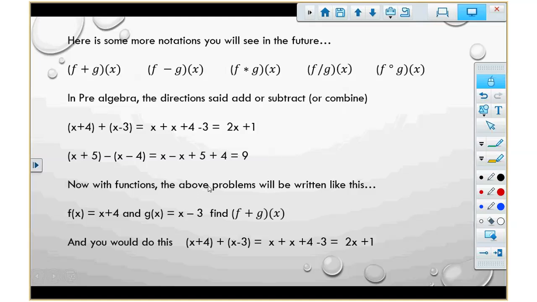Now, you're not supposed to do the redneck way. You're supposed to do f of x is equal to x plus 4 and g of x is equal to x minus 3. Find f plus g of x. And guess what? It's the same exact thing that you did back in pre-algebra. Except now, you got to hold your pinky up when you say it. F plus g of x. Okay?